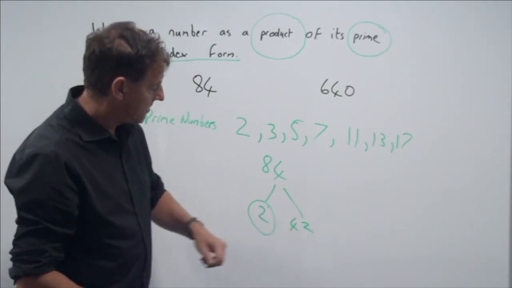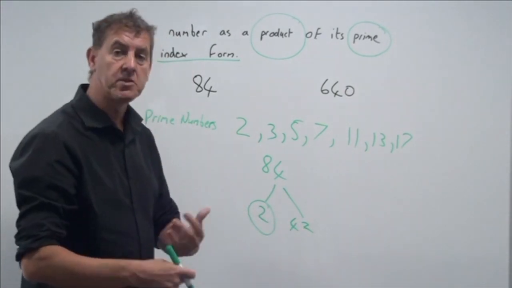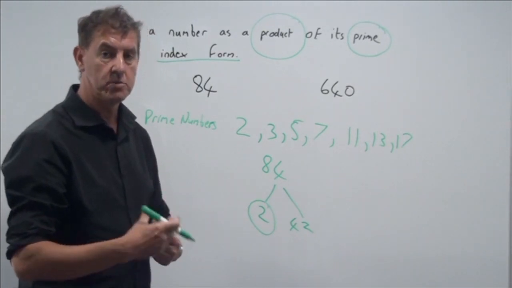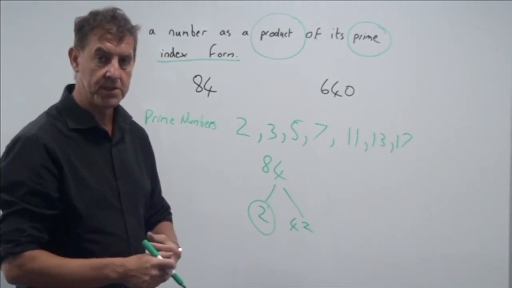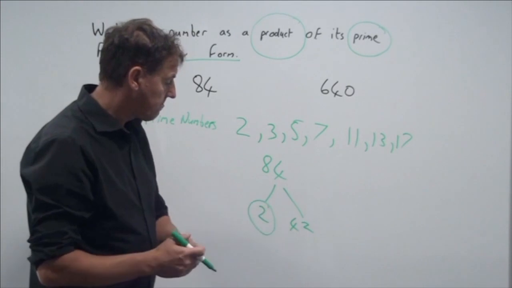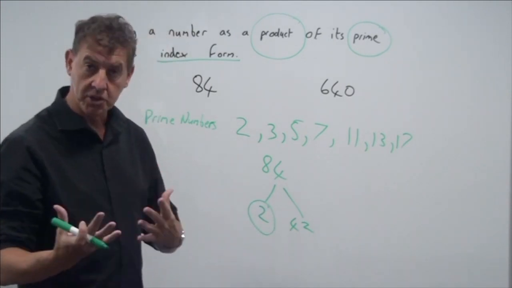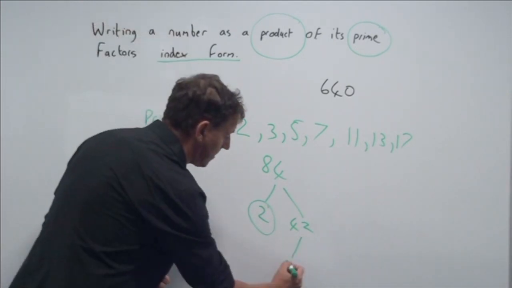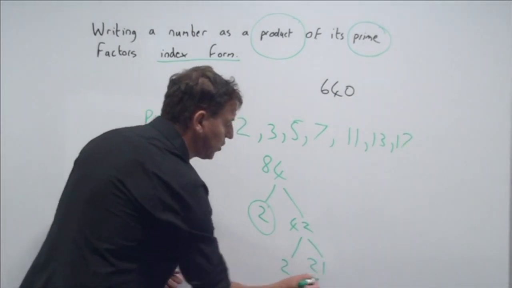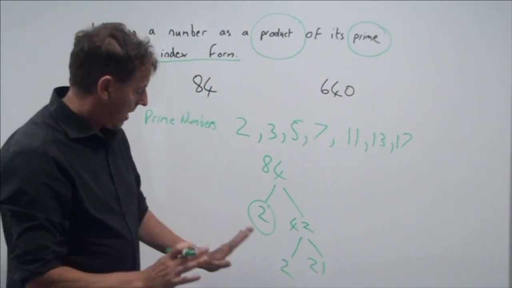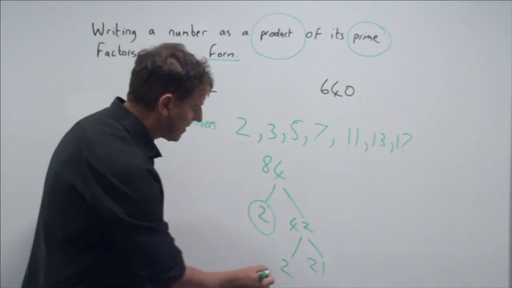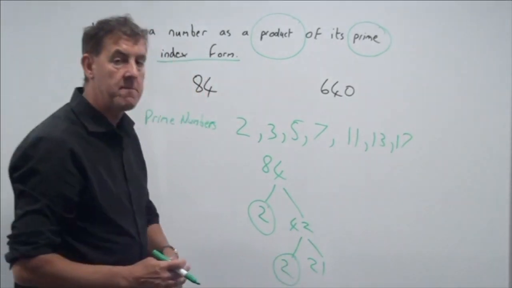Now look at the 42. I'm going to break that down. I'm trying to find 2 numbers that multiply together to make 42. It's an even number again, so I could go for 2 times something, in this case 21. I stop at that 2 because it's a prime number.